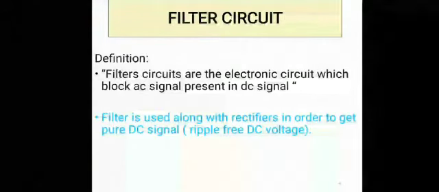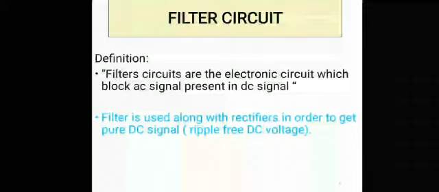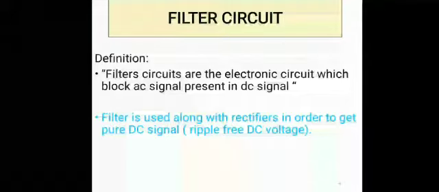Ripple means the AC component. A rectifier converts an AC signal into a DC signal, but the output of the rectifier is not pure DC, it's a pulsating DC. So it contains a DC signal along with AC components from the input signal. Actually, these AC signals are harmonics of the input fundamental signal.